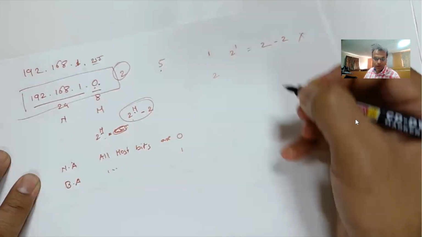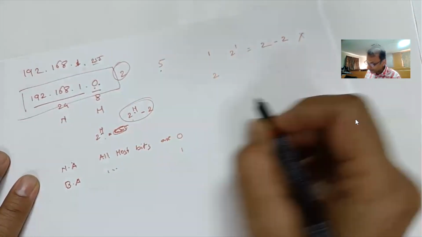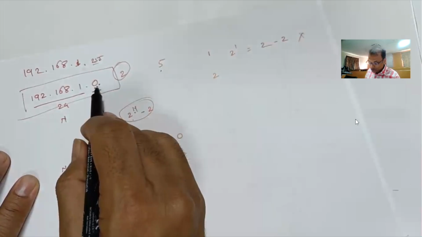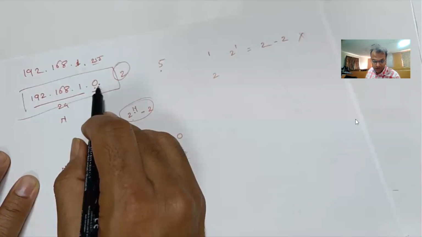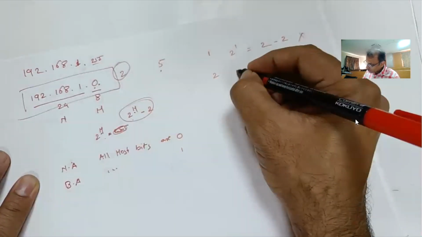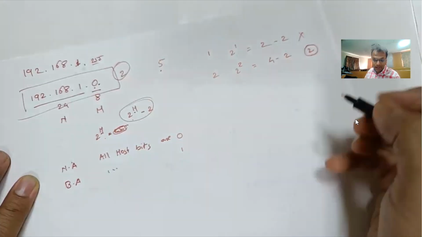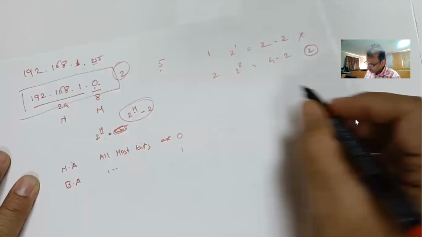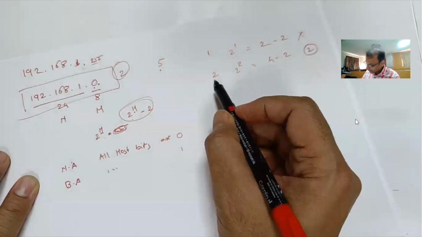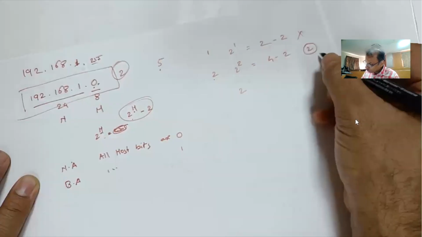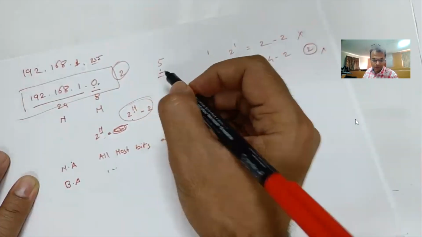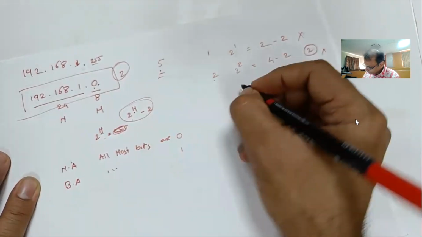Consider the value of h is 2. That means only 2 bits, instead of 8 bits, are host bits. So 2 raised to 2 is 4, minus 2. Only 2 IP addresses I can create using 2 bits. So this is also not possible because I need at least 5 IP addresses.